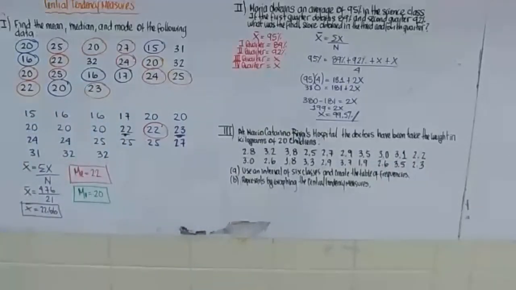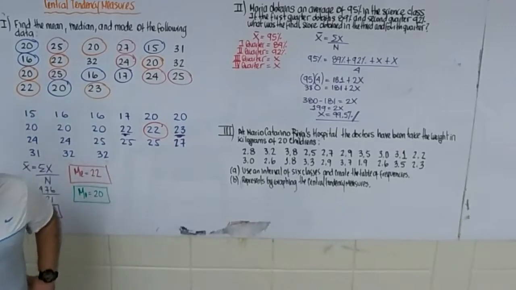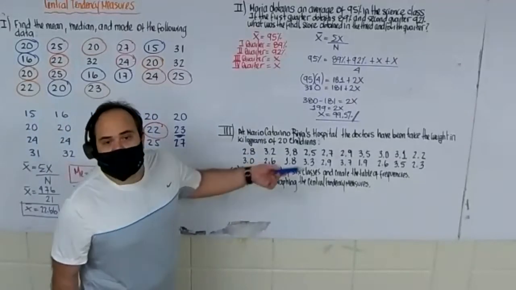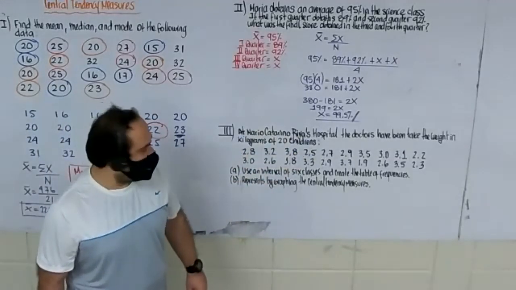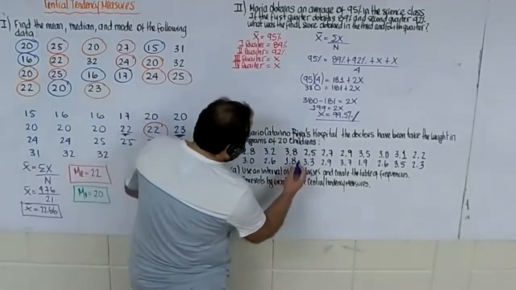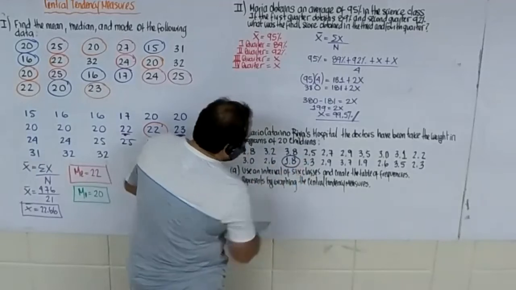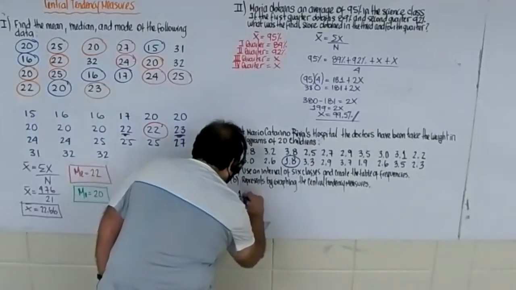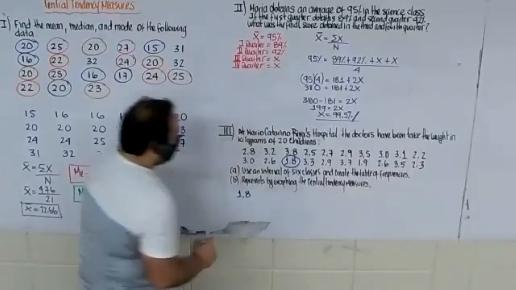Okay? We must arrange those numbers from the smaller one to the bigger one. All right? What will be the smaller one? As you can see, the smaller one is 1.8, right? 1.8.